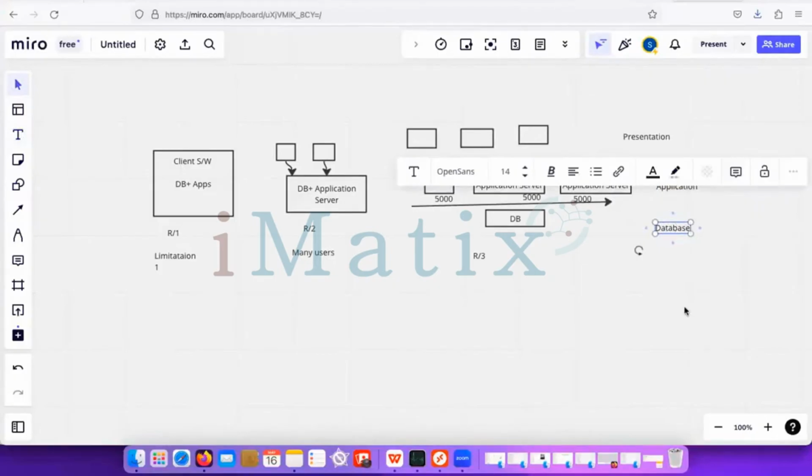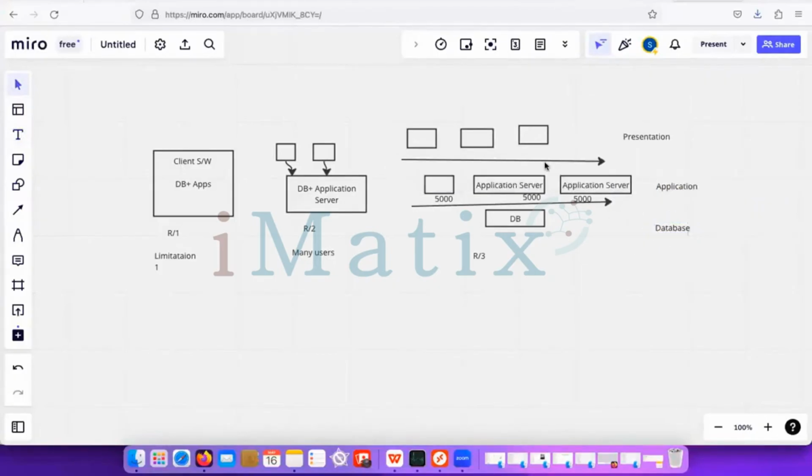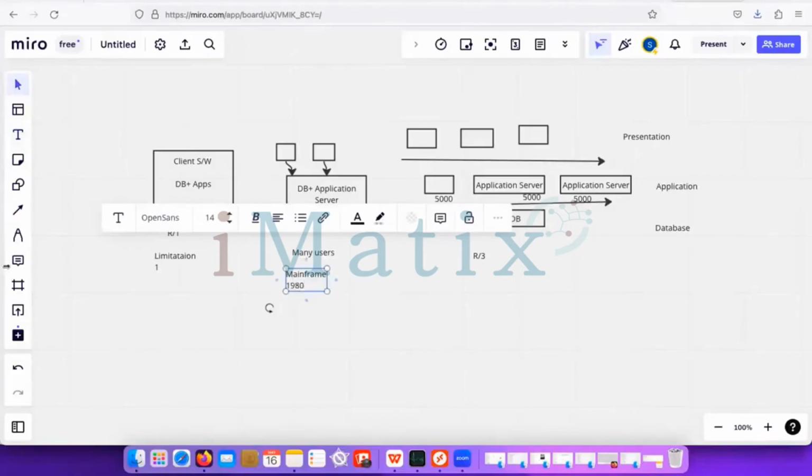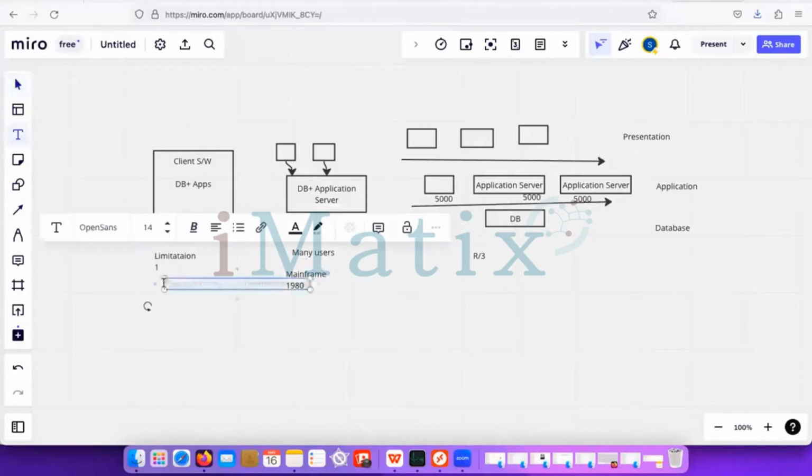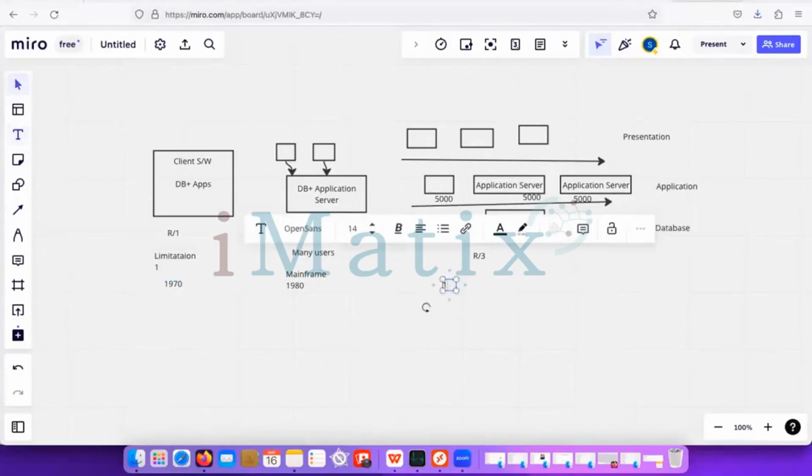This is the computer industry architecture. Earlier we had mainframe R1, with mainframe computers, which was very old, around the 1970s and 1980s. This architecture was started in 1992 by SAP.